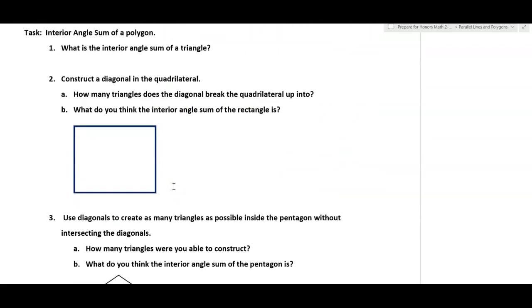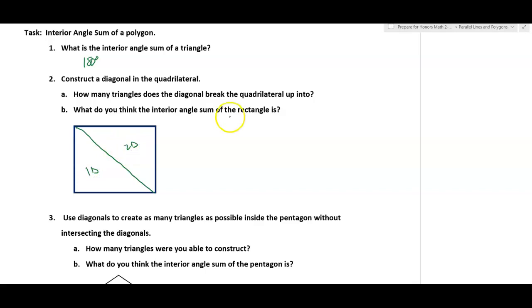Now, the quick task here is interior angle sum of a polygon. What is the interior angle sum of a triangle? All the angles in a triangle add up to 180 degrees. So step 2 says construct a diagonal in the quadrilateral. How many triangles does the diagonal break the quadrilateral up into? So if I look, this diagonal breaks it up into one triangle and two triangles.